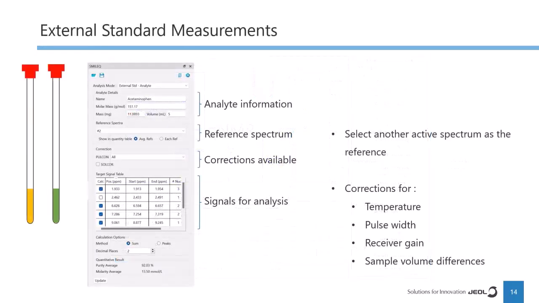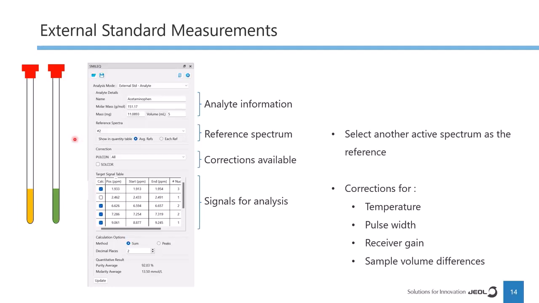Moving on now to the external standard measurements. We have a similar looking panel. This time we're now set to external standard. This is the example of the analyte spectrum. So there's no reference information entered here. We just have information on our analyte and some other information.